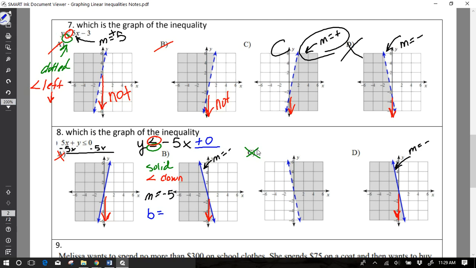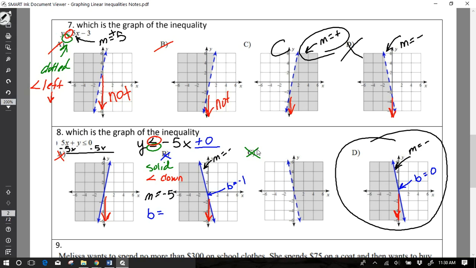Okay, so here the y-intercept is actually below 0 at approximately negative 1. In this one, the y-intercept does cross the 0. Okay, so it cannot be B, it has to be D. It had all 4 things correct.